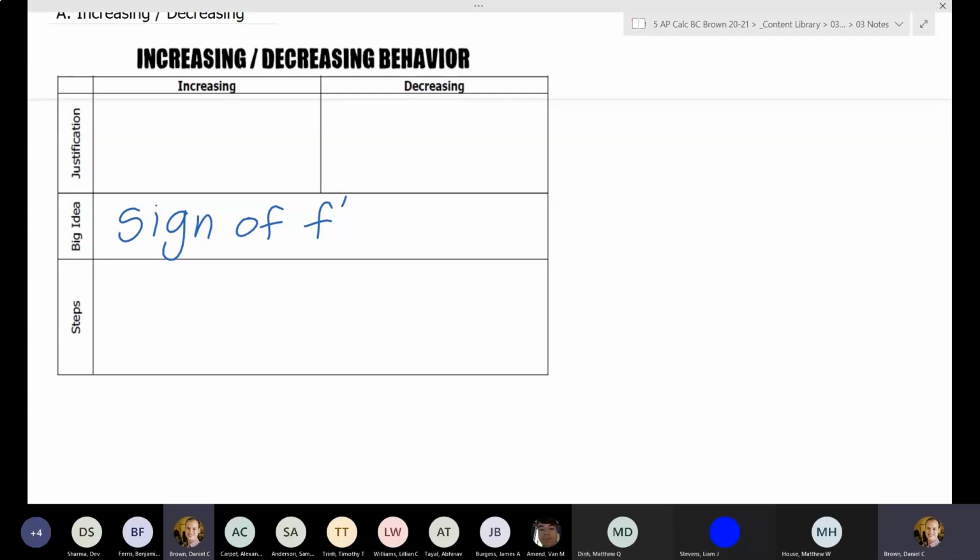If I wanted to prove that my function was increasing, that's where the derivative is greater than 0. If I was showing where my function was decreasing, that is where my derivative is less than 0. And then the steps are pretty straightforward. You first have to find what we call the critical points.